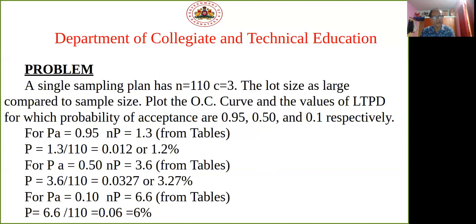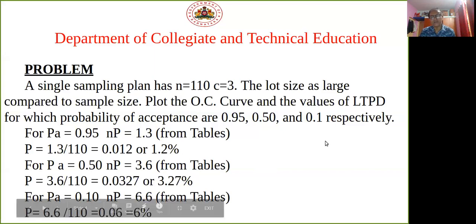So P will be equal to 1.3 divided by the sample size 110, which is 0.012, or 1.2%.